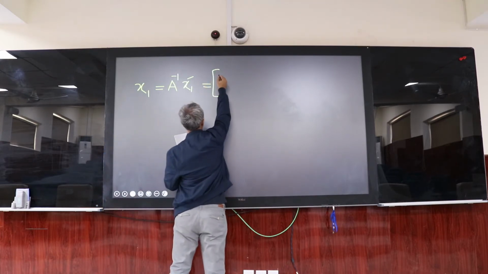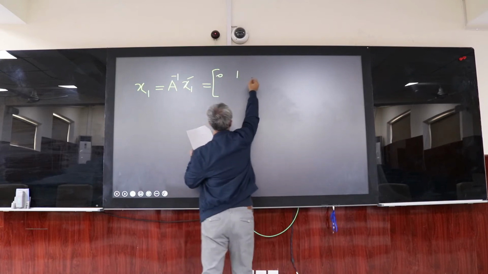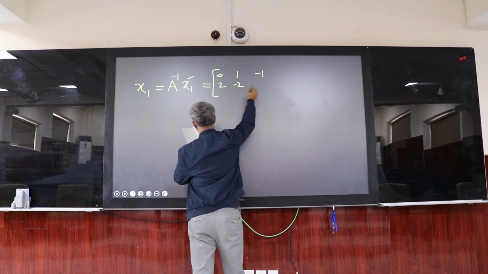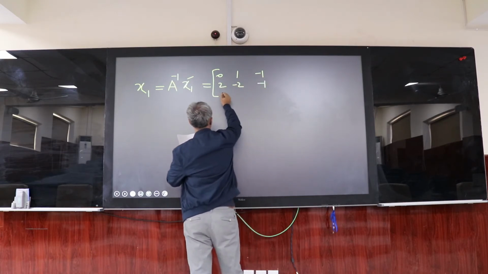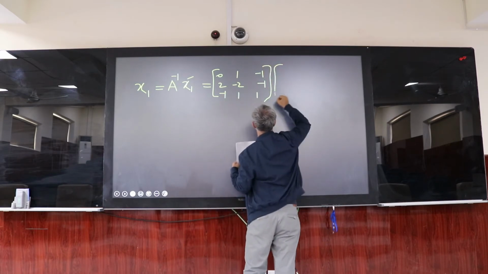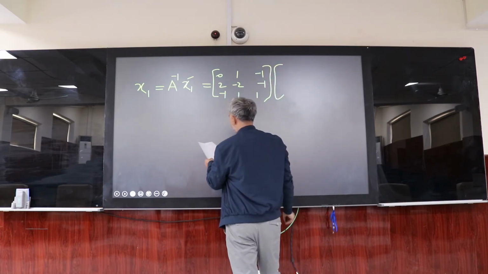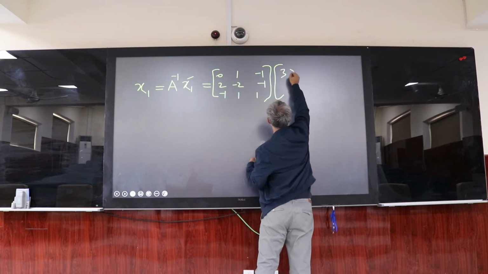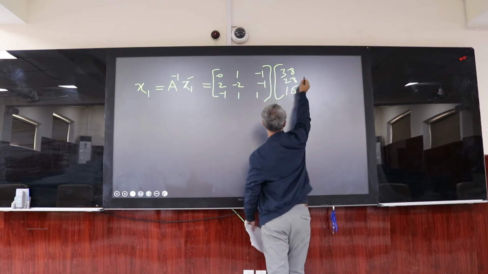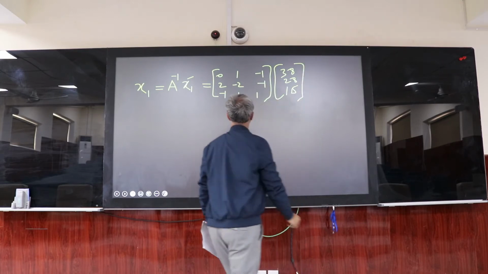A inverse is 0, 1, minus 1, 2, minus 2, minus 1, minus 1, 1, 1. You will multiply it with the modified 38, 28, 15, which is our x1 prime.